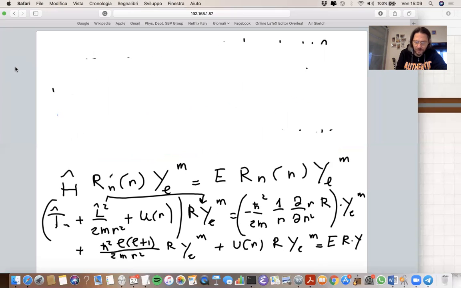The angular momentum part of the equation cancels out, and we arrive at the equation for the radial part, which I will write now.